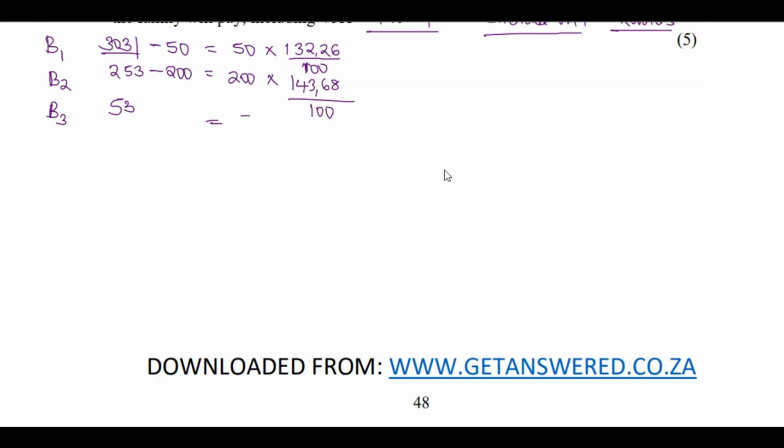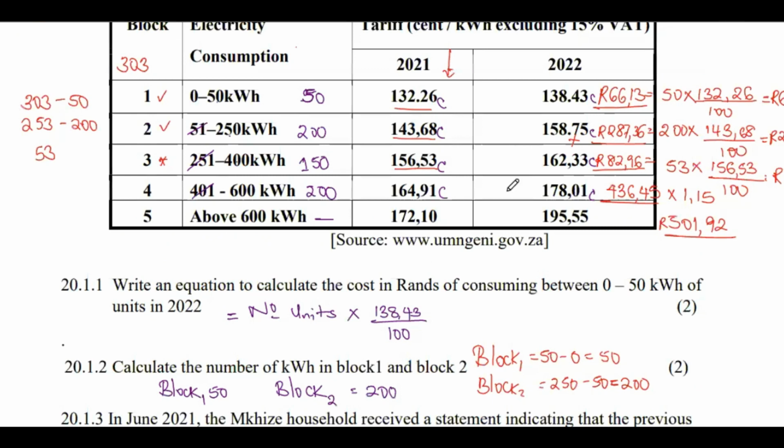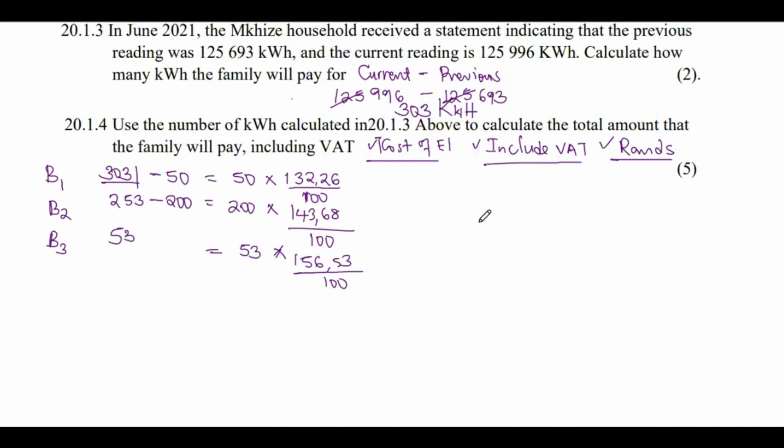What do we do? We take whatever we are remaining with, we multiply with the number that we have there as 156,53 over 100. So you get your values there. First value, you have it there.